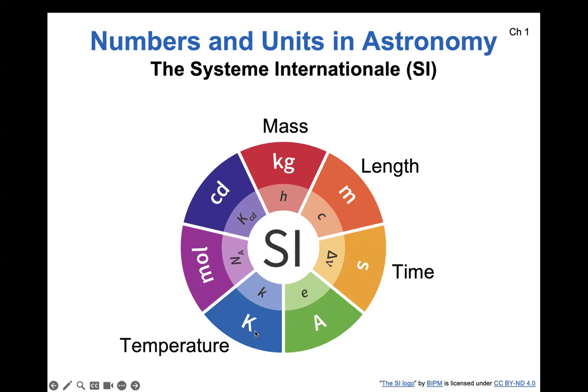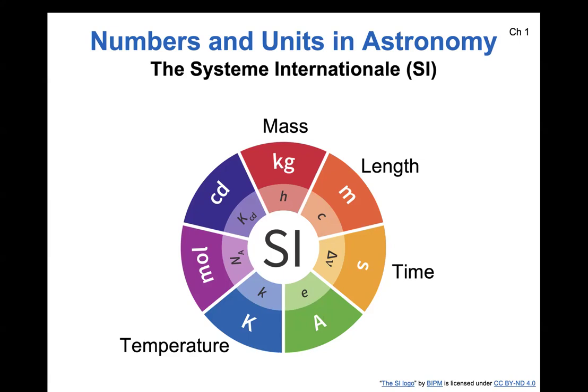We will talk about temperature. Temperature is represented by the unit uppercase K, which stands for Kelvin, which is the temperature system that's used in the sciences instead of Fahrenheit or Celsius. A stands for amperes, which is the unit for current and the base unit for all of electricity and magnetism.